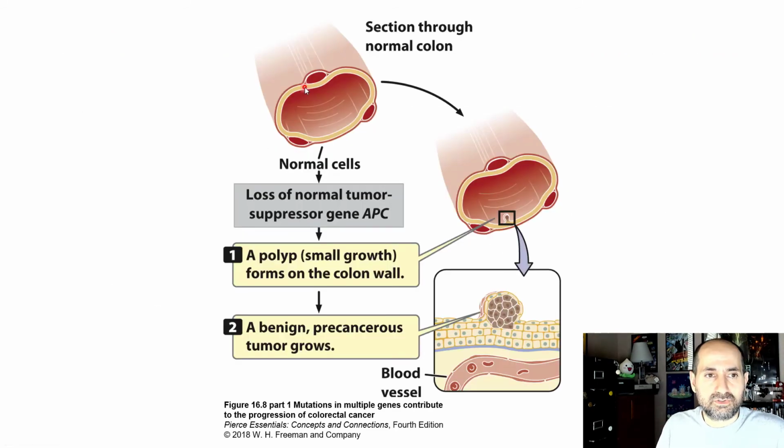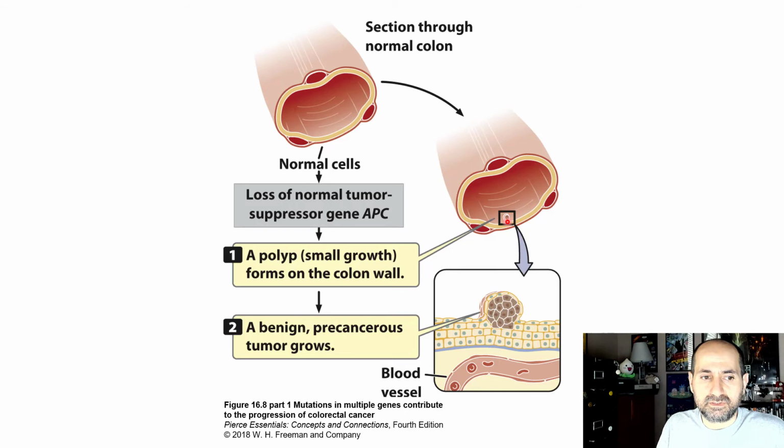So here, this is part of your colon, and this is a normal colon with normal colon cells. And this is a cross section of the colon, obviously. Let's say you lose an important tumor suppressor gene called APC. Okay, so now a small polyp will form, a tiny little polyp. Small growth forms on the colon wall.